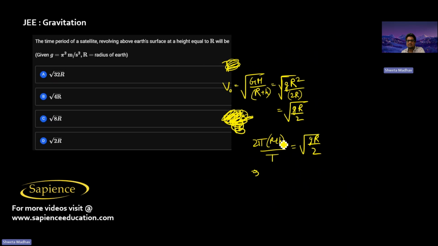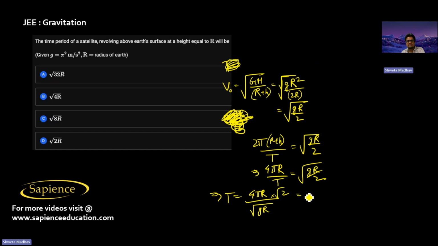Now H is R, so this is 2R, so 4 pi R by T, that is equal to root over gr by 2. So T will be equal to 4 pi R divided by root gr by 2.